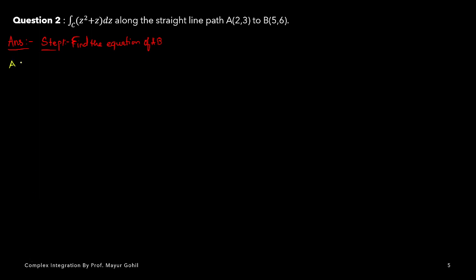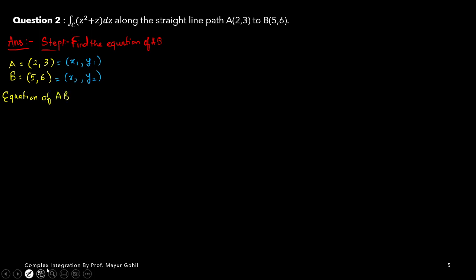So A is given to us as (2, 3) and B is given to us as (5, 6). We'll just label them as x1, y1 and this is x2, y2. So in order to find the equation of AB, we use the following formula.